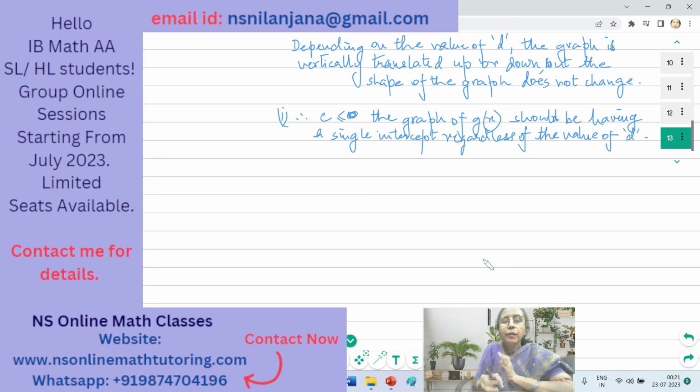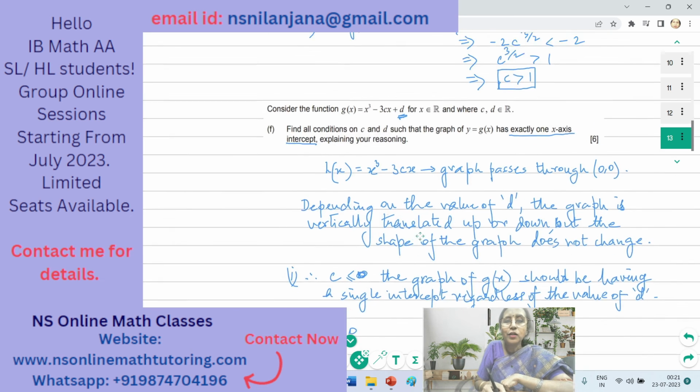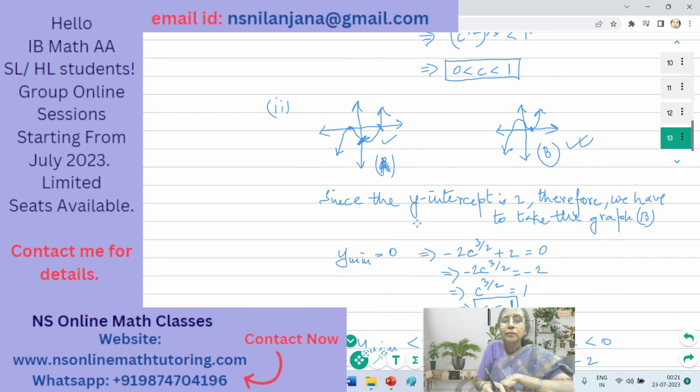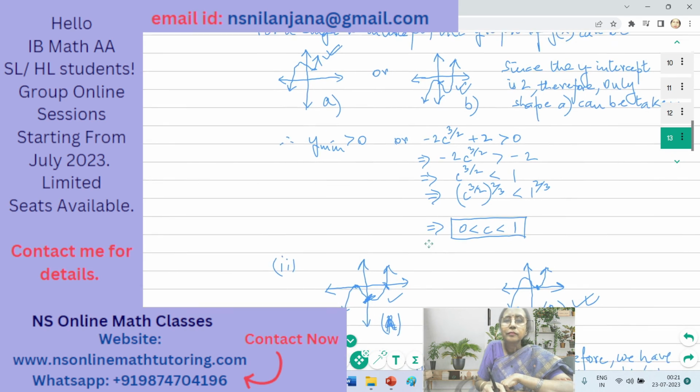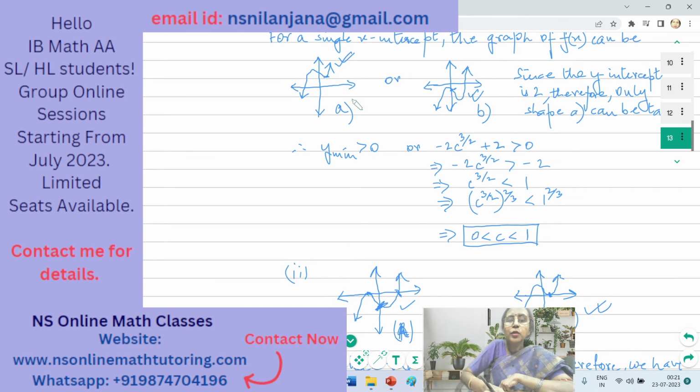Okay. So now we come to c greater than 0, where we are having one maximum and one minimum point. And for that, we need a single x-intercept. So how can we, I have in fact shown it previously. These are the two cases where you are having only a single x-intercept.